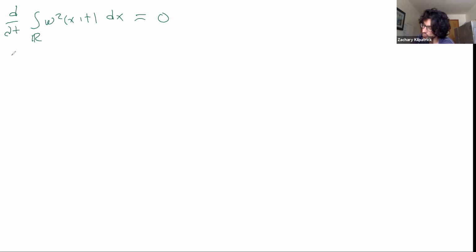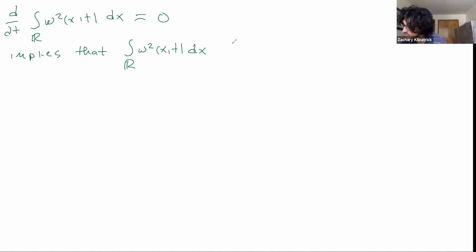This implies that the integral of W squared integrated over dx is just equal to some constant now, okay?